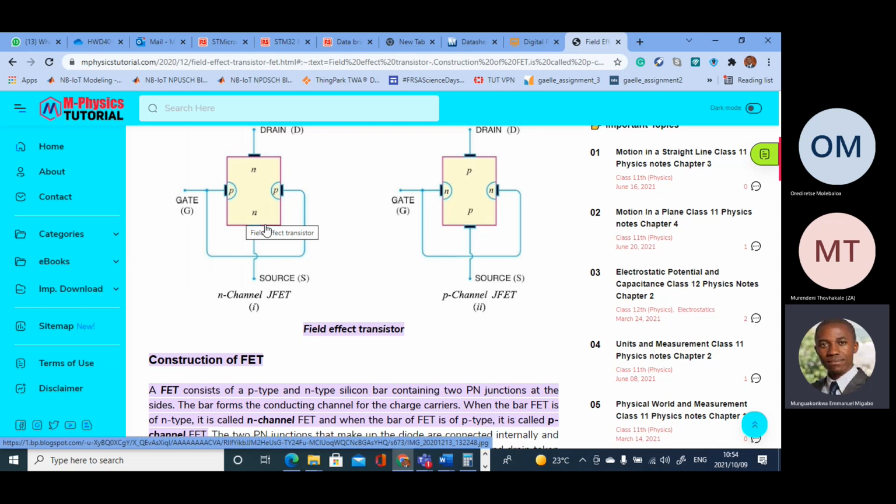When you apply 5 volt from gate to source, the source side is negatively charged and the gate side is positively charged. The positively charged gate will attract the electrons in the channel, because charges of opposite sign attract. They will form around the gate.